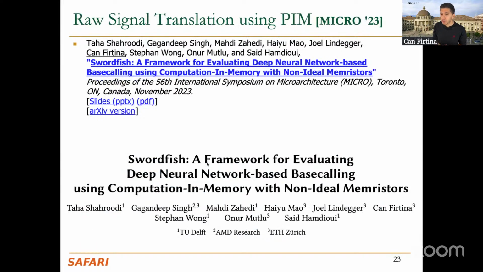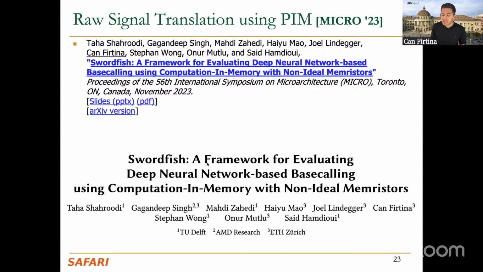And we also look at how we can, for example, perform analog computation to do MAC operations, multiply and accumulate operations, that are mainly used in machine learning applications, specifically in DNN-based applications, for example, in base callers, right?